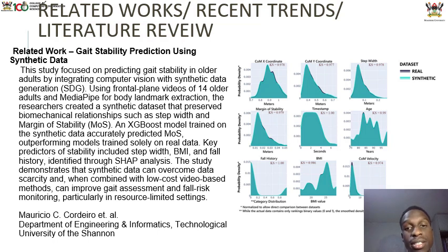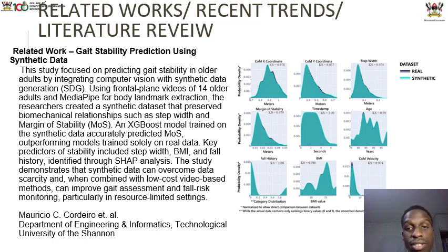This data had similar properties to real-life data, as you can see in these graphs. The synthetic data shares many properties with the real-life data, and they used features like margin of stability, step width, and indicators like body mass index and fall history, identified through SHAP analysis.